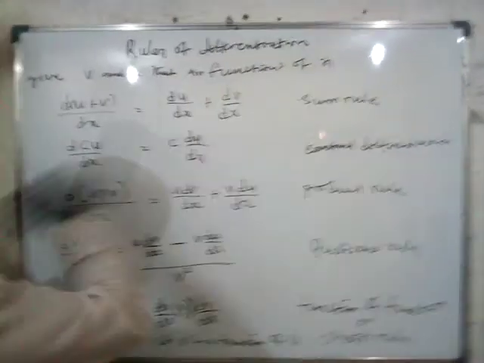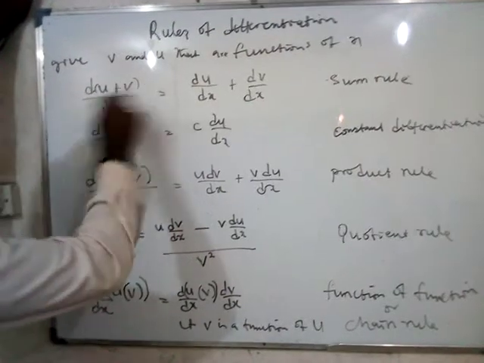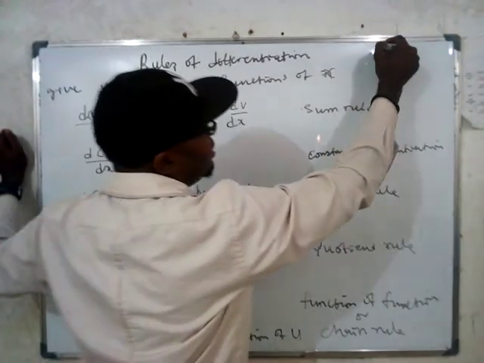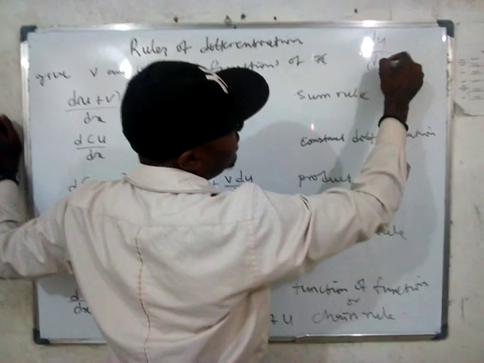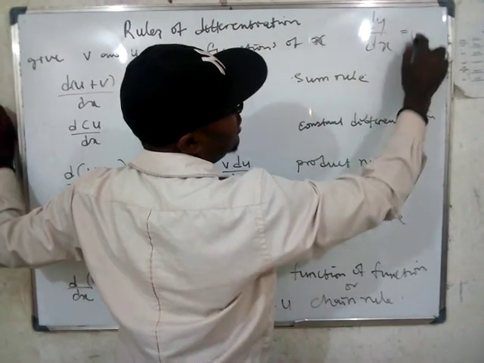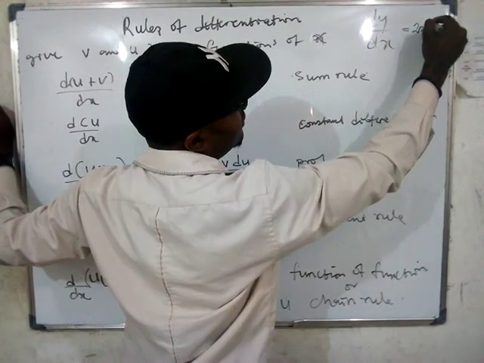And the sum rule simply says that if you have two functions of x. You know, in the previous class, we were looking at dy over dx, where y is a function of x, say something like 2x squared plus 1.